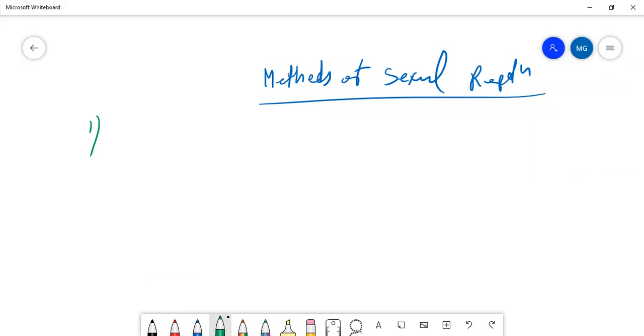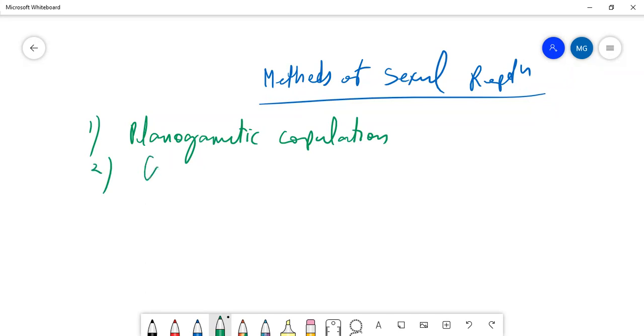One is called planogametic copulation. Second, we call it gamete-angel contact. Third, we call it gamete-angel copulation.